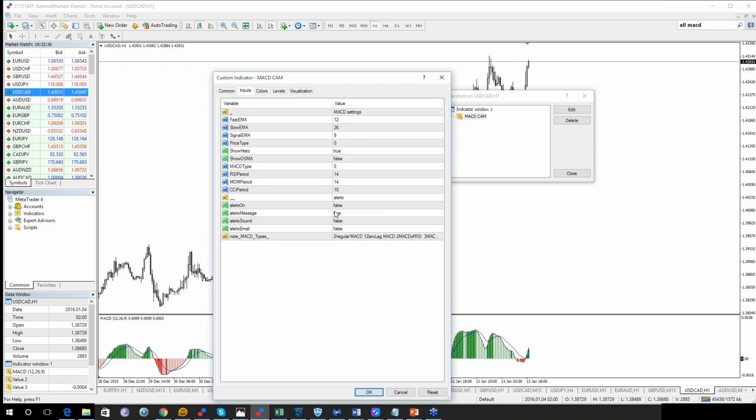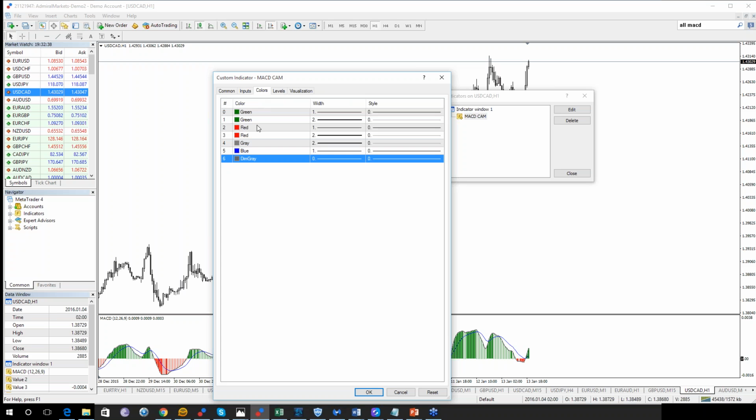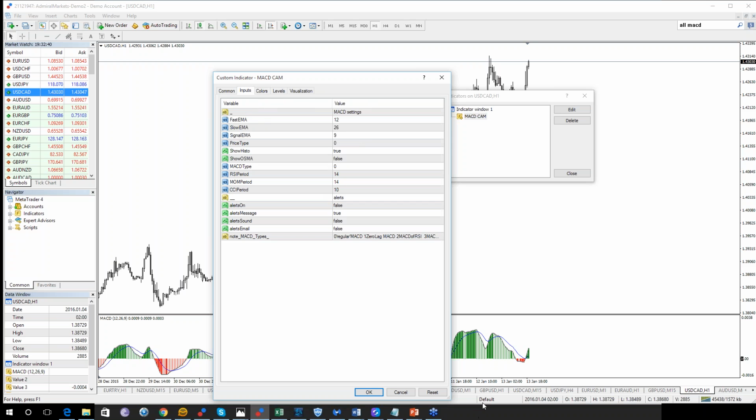I changed some colors. This is how it looks like. MACD, in my opinion, is so strong in showing divergence that it is one of the best, I can say, trademarks of divergence.